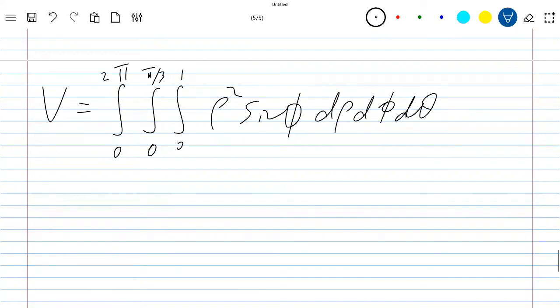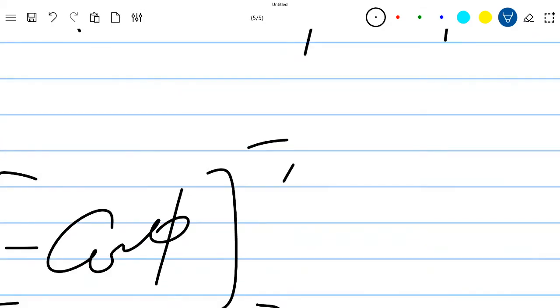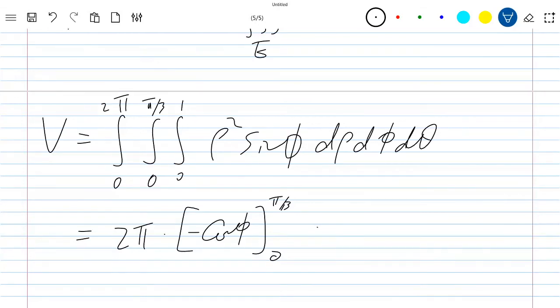And that integral is pretty easy. For theta it's 2 pi. For phi it's a sine part, right? So it's a negative cosine phi from 0 to pi over 3. Then for rho it's just rho cube over 3 from 0 to 1.